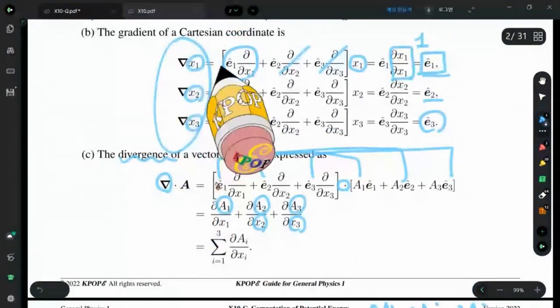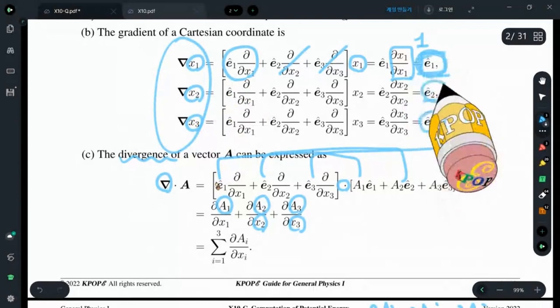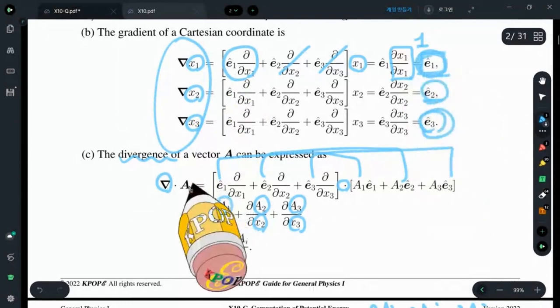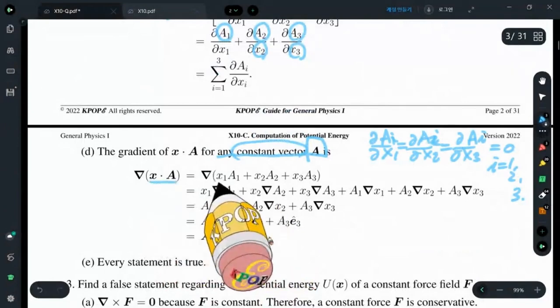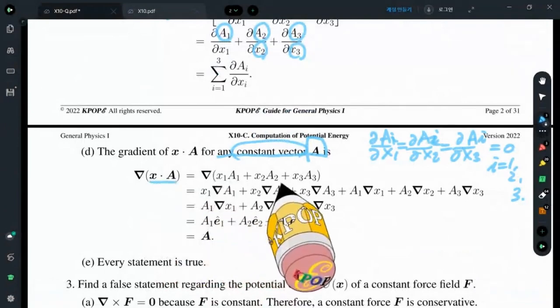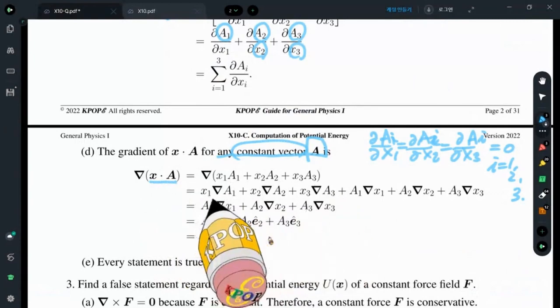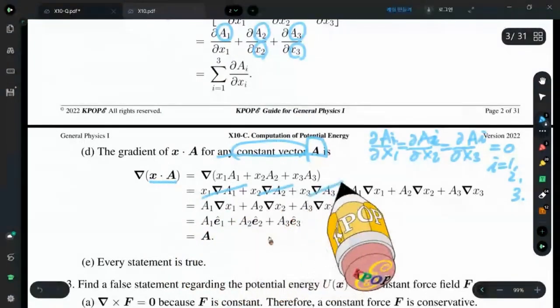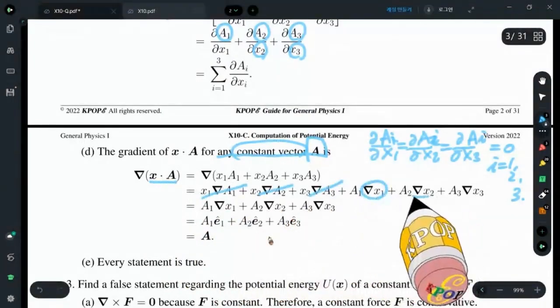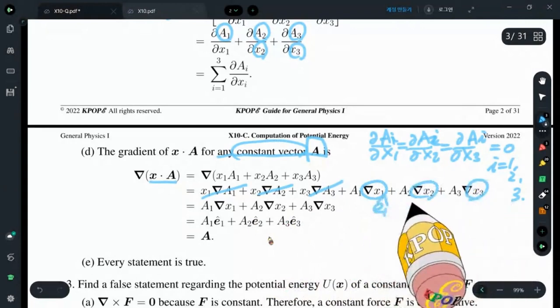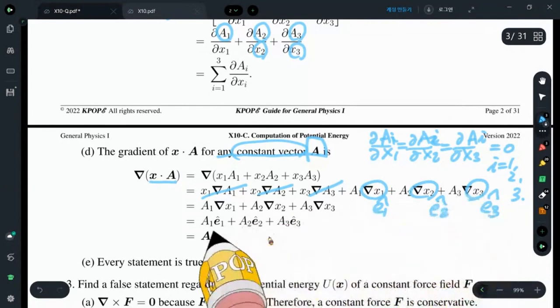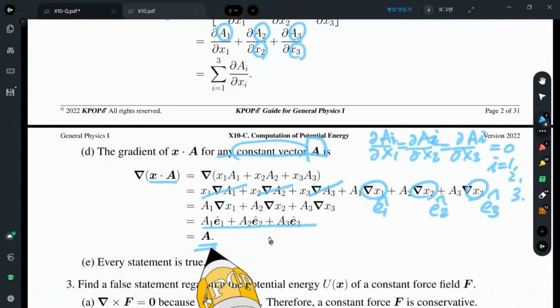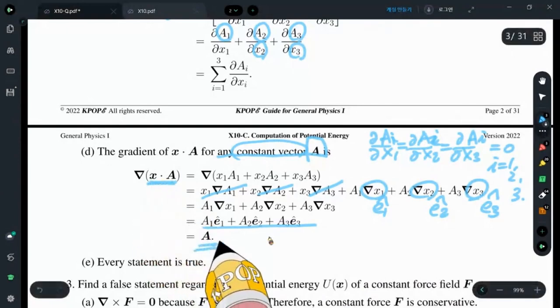The gradient of each coordinate is just a unit vector along that Cartesian axis. Therefore, the gradient of x dot A is x1 a1, x2 a2, x3 a3, but the derivatives of the a's all disappear, and these are all unit vectors, e1 hat, e2 hat, and e3 hat. Therefore, the result is just the vector itself. This is a very useful formula.